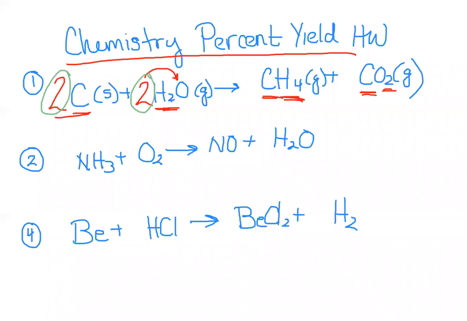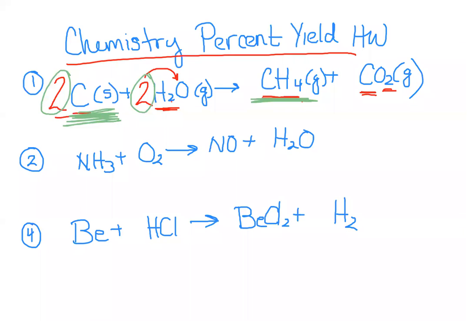Then for part A, it says how many grams of methane, which is CH4, can be produced from 235 grams of carbon reacted in excess of water. You just don't have to worry about the water. So you're given grams of carbon, and you want to find out how much methane, CH4.